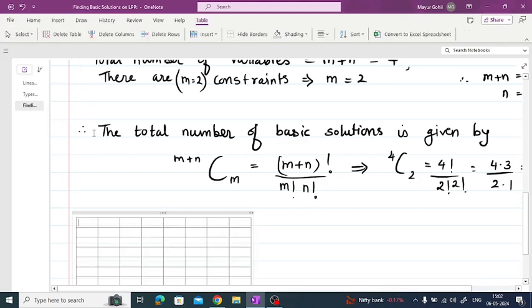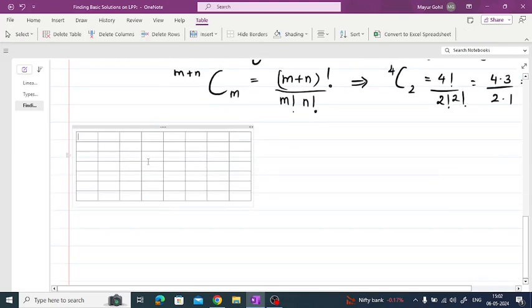Okay, so here we have the table, and now we will write down the following: serial number, and then basic solution.